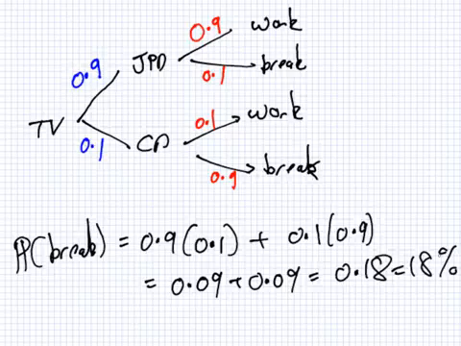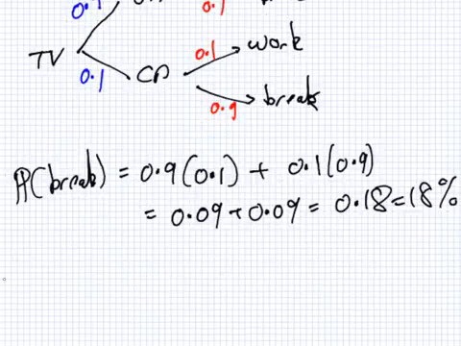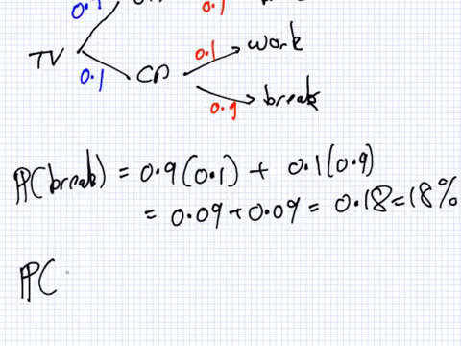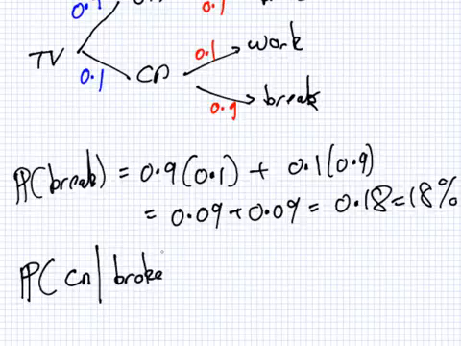Now, the more interesting question I want to give you, and I want you to think about it before I do it, is I want to know what is the probability that the TV came from China if it broke. So I have a broken TV.